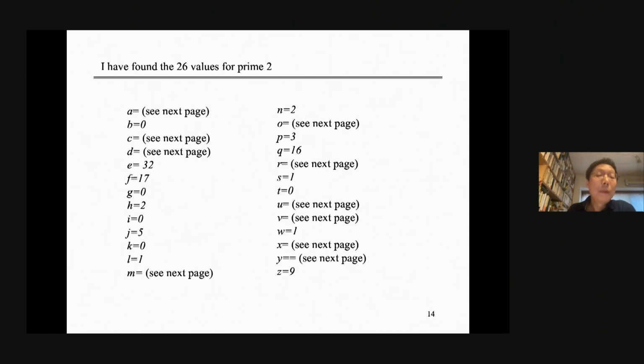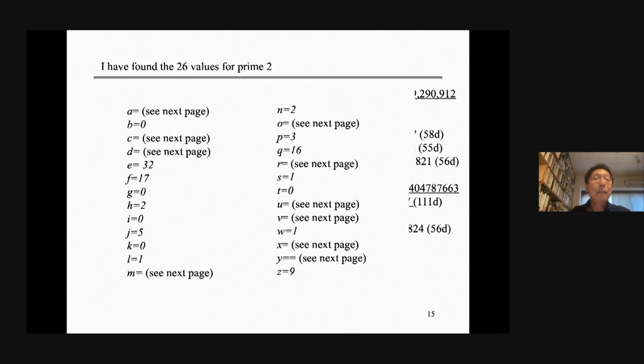In one step, my 26 values that generate prime number 2 are shown here. 16 of them are small numbers, at most double figures, like b equals 0 and e equals 32, and so on. But, next page, please.